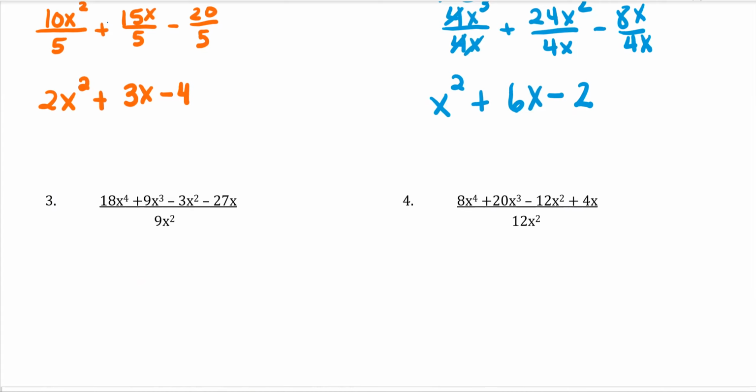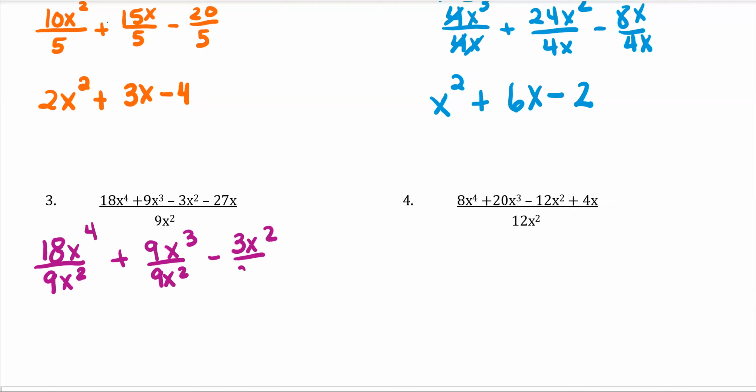Number 3. Again, let's write each of the numerators over the denominator and simplify each fraction. 18 divided by 9 is 2.